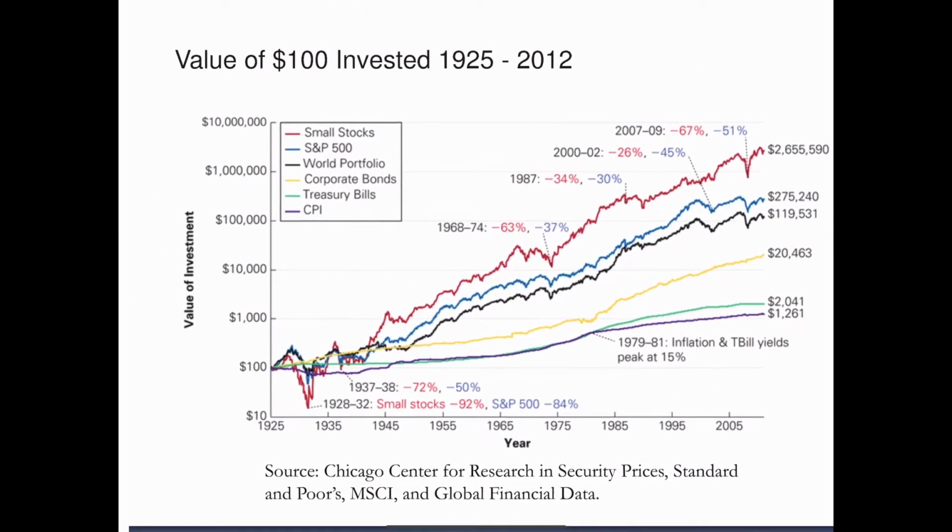Then it did it again in 1937, going down by 72%, and in 1968, it went down by 63%. So if you were holding this portfolio of small stocks, you probably would have had a million heart attacks along the way. But guess what? That one gives you the highest return. The small stocks portfolio gives you the highest return.